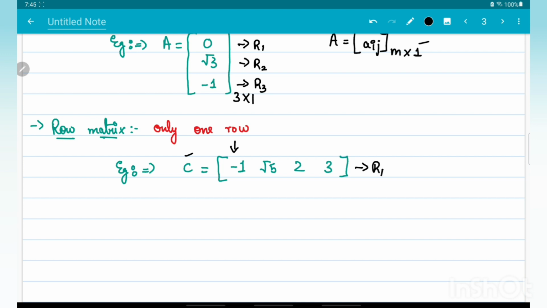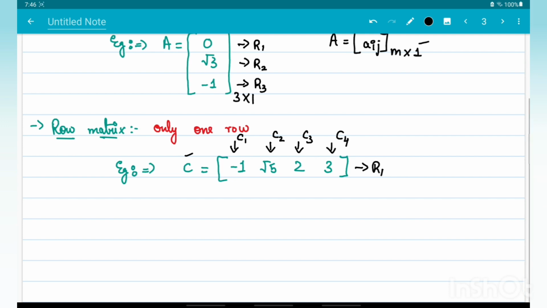If you check the columns, this is the first column, the second column, the third, and the fourth. So it has only one row but four different columns. In a row matrix, the number of columns does not matter. What matters is the number of rows, and there should be only one row.